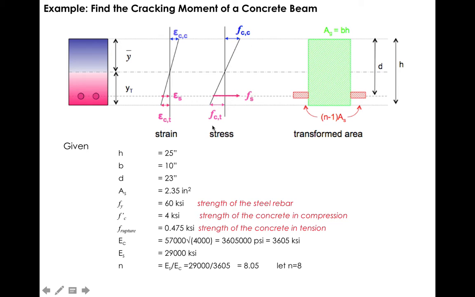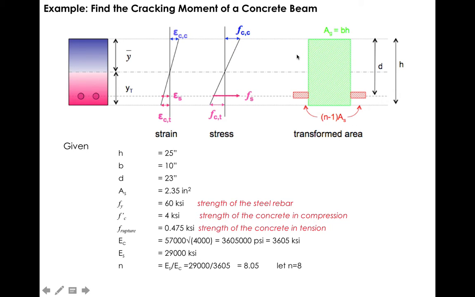Similarly, this diagram tells us the maximum tensile stress in the concrete at the bottom up to the maximum compressive stress in the concrete at the top, and we note here that the stress in the steel is actually considerably higher than the stress in the adjacent concrete. So in order to solve this problem, we have to consider this area here of concrete and steel and find a way to find the properties of shape of that shape.